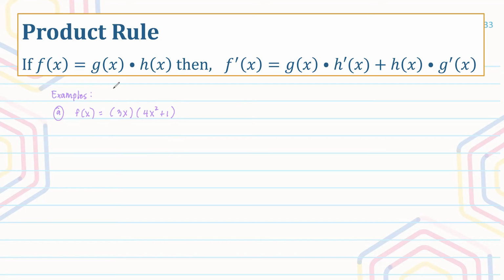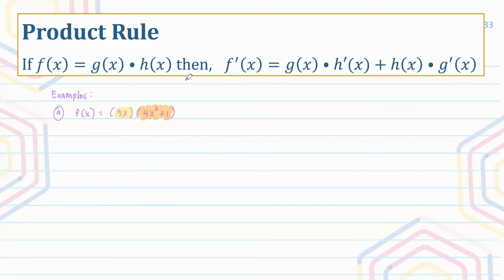First thing is we need to identify our g of x. Here, our g of x is 3x, and our h of x is 4x squared plus 1. Okay, this is our h of x.